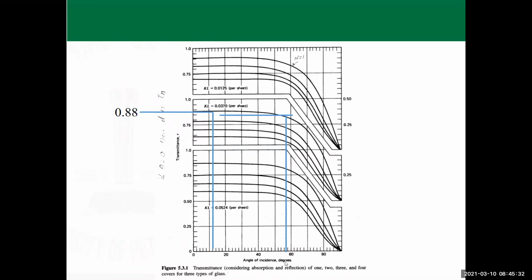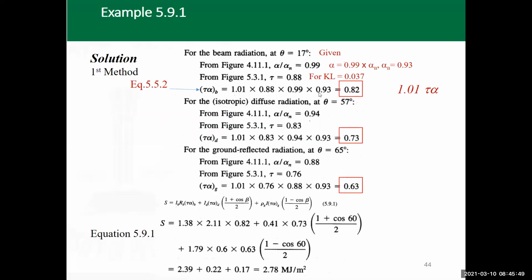So for the angle of the beam radiation, which is somewhere here, you can get the corresponding value of tau for the condition of a single sheet glass. So from here, the value is 0.88. And this is basically what we have obtained from figure 5.3.1. It is 0.88 for KL equal to 0.037, and the 0.037 is stated in the problem.